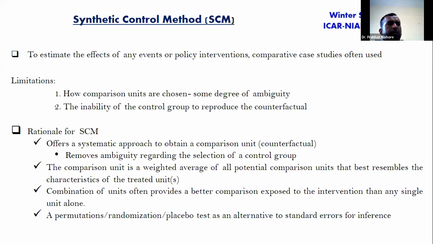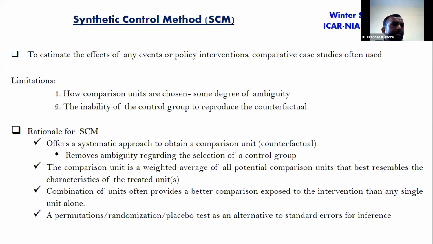The donor pool means the states which we have considered in our study to construct the counterfactual. So 16 states are in our donor pool to construct the Punjab counterfactual, or you can say the synthetic Punjab. How that is constructed, I will cover later.